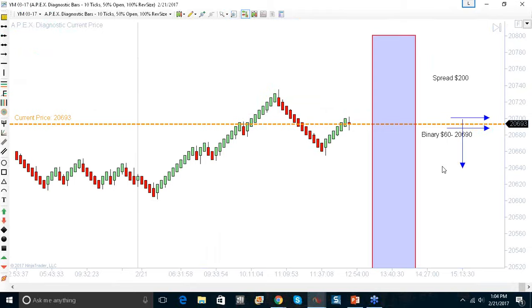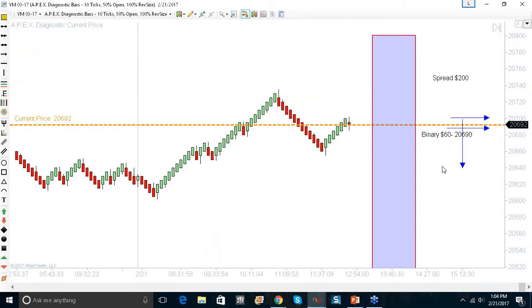What is my binary worth at expiration? How much did I make on my binary trade? I bought a binary, I risked 60 bucks. What's the absolute most I could make if the market shoots up hundreds of pips? The most it could be worth is 100 bucks. So the most I can make is 40.